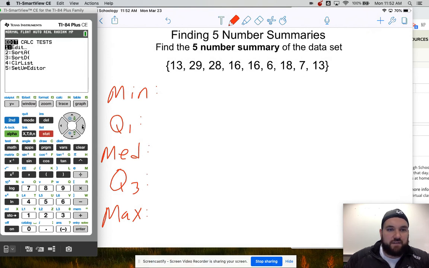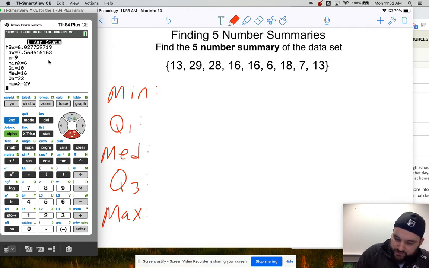So then to get that 5-number summary, I hit the stat button again. I go over to calc, and then I want 1-Var Stats, or 1 variable stats. There's the mean. Again, I wasn't asked for the mean, so I'm just going to scroll all the way down. And these bottom 5 values give me my 5-number summary. So the smallest number in the list is 6. The largest number in the list is 29.